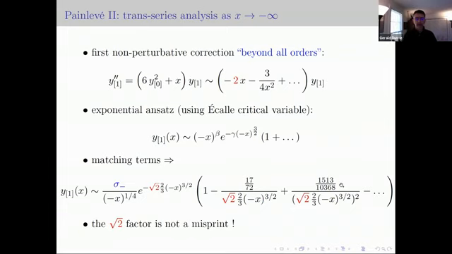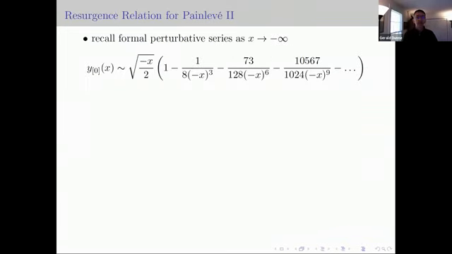Now I stress that this is extremely easy to implement, and you can do exactly the same procedure with any nonlinear differential equation you want. If you have a higher order nonlinear differential equation, you just have more possibilities for these coefficients, gamma. There can be different leading exponentials. So let's look at this from the resurgence perspective.